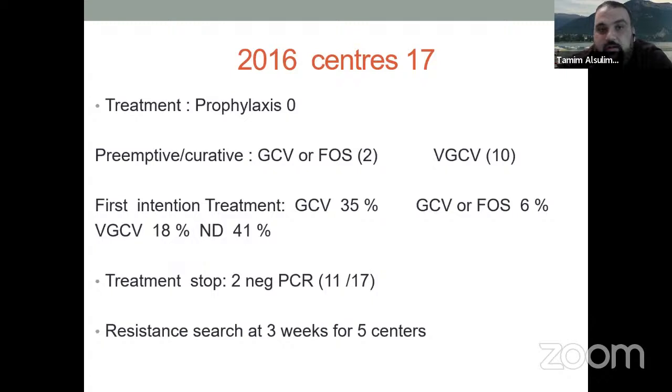As of 2016, no center used a specific prophylaxis for CMV, which is, I think, logical at the time. For the preemptive curative treatment, it was GCV or FOS; when we talk about GCV, we are talking also about VGCV, it depends.